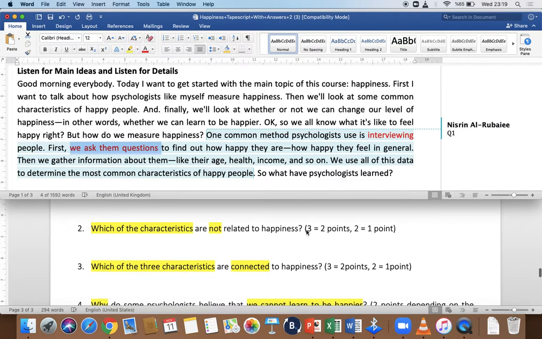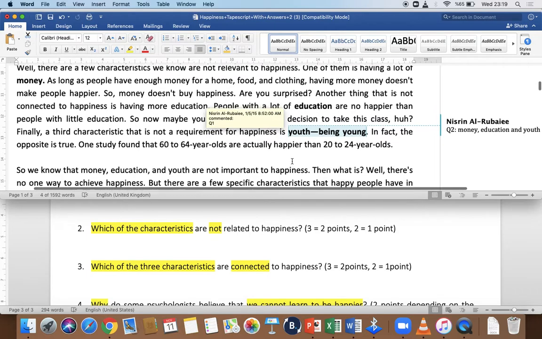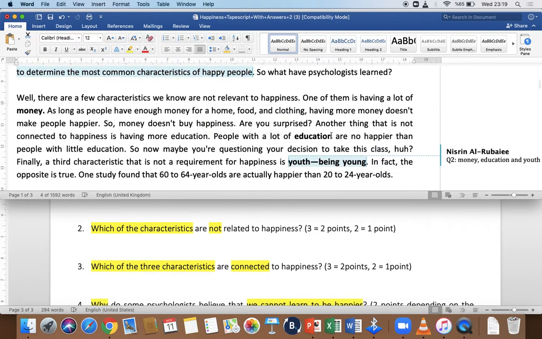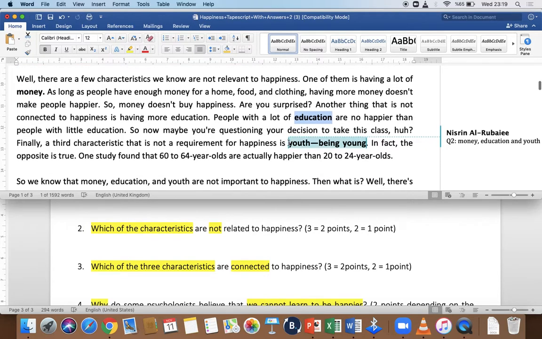Next question, which of the characteristics are not related to happiness? As you see, one of them, money. Money is not related to happiness. Education, it is not related to happiness. And youth, being young, is not related to happiness.